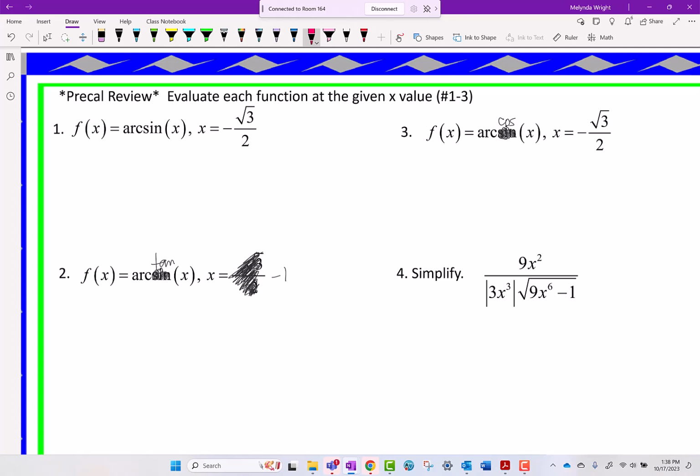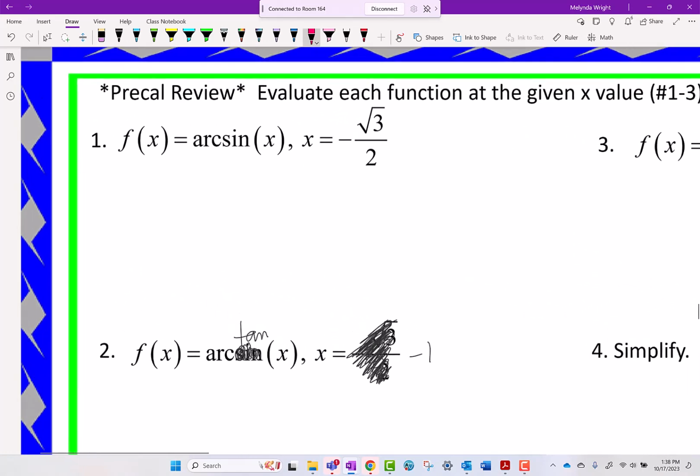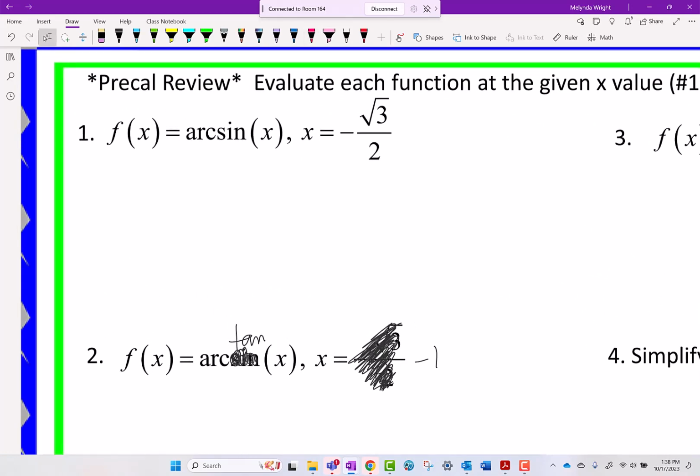That would be great. And we're still doing pre-cal right now. We haven't started calculus yet. Okay, this is an example of what I was just talking about with principal values. They want us to evaluate each function at the given x value. So, okay, we can do that. That's not a problem.